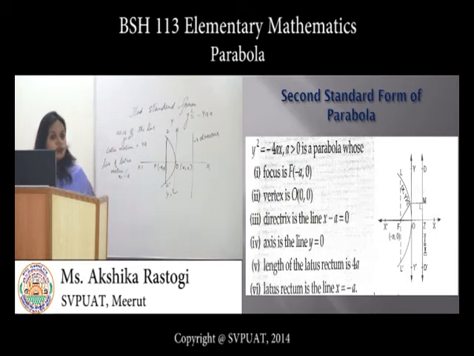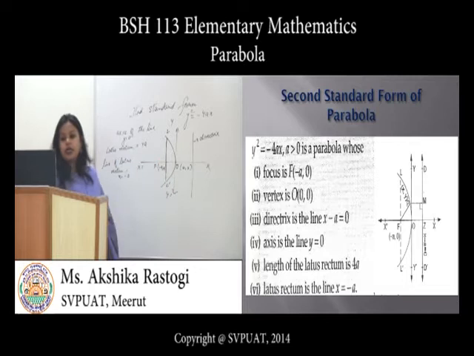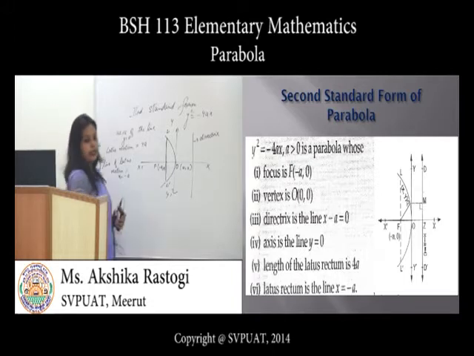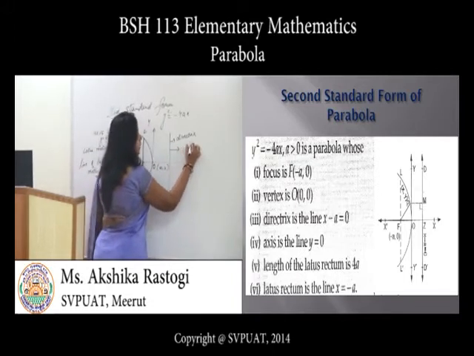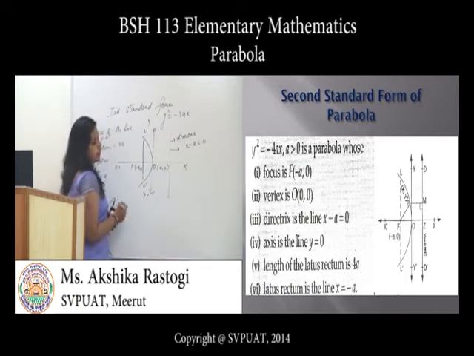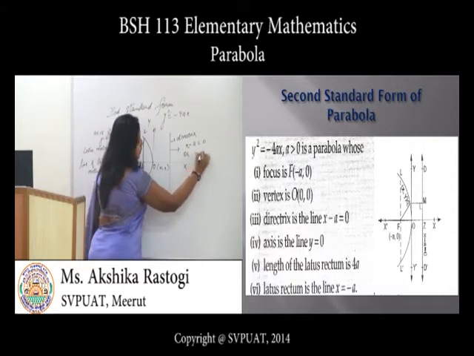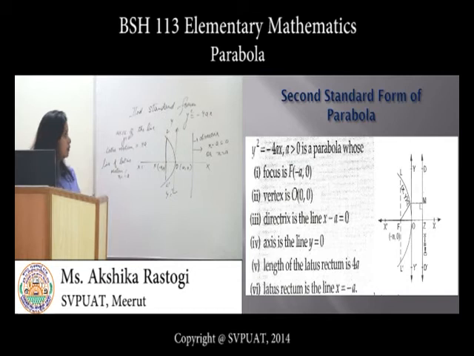This is the line x equals to minus a. The line of the directrix will be x minus a equals to 0. In right-handed parabola we have x plus a equals to 0. Now in left-handed we have x minus a equals to 0, or we can write it x equals to a.